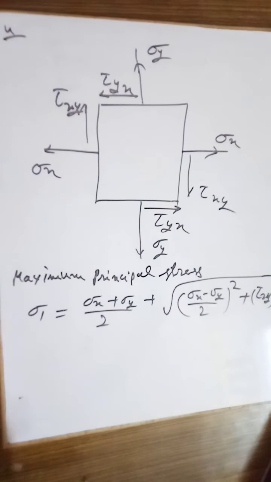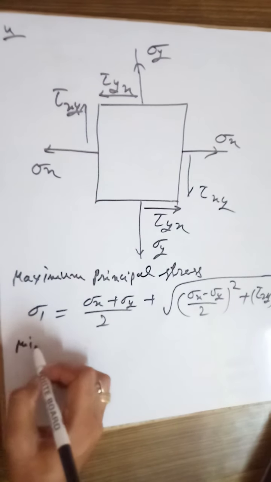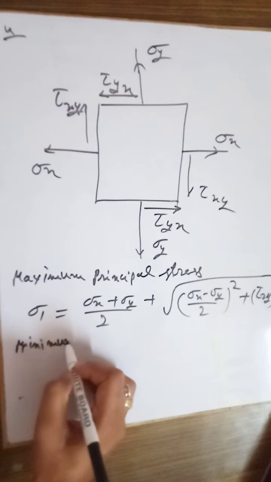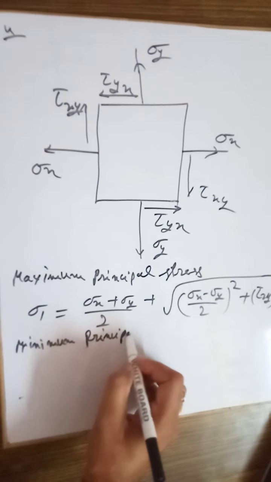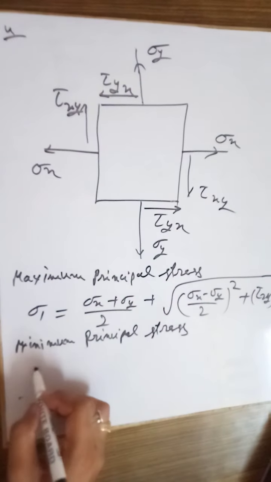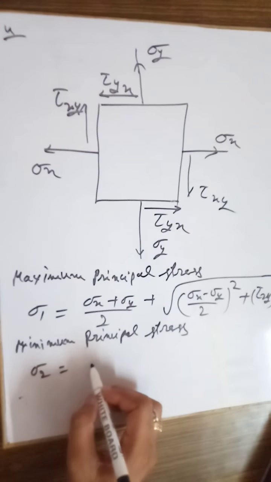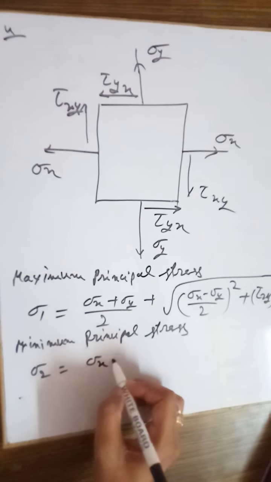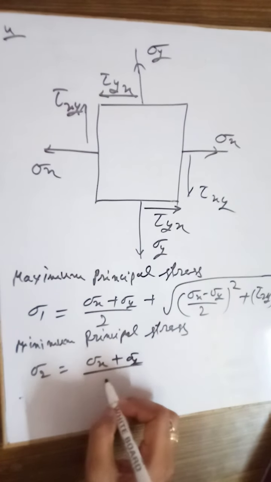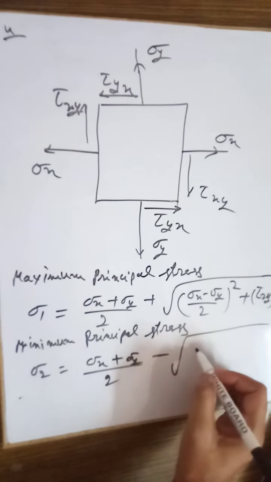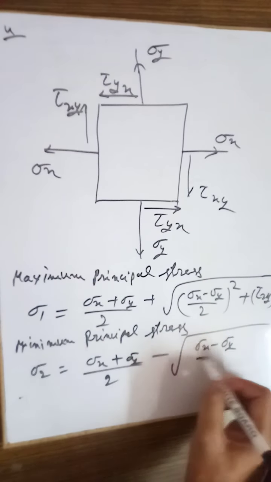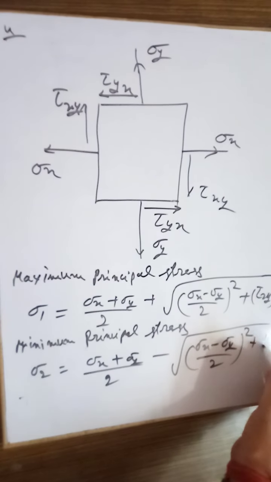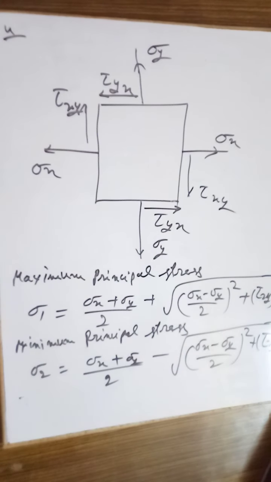So this is our maximum principal stress, and the minimum principal stress can be calculated by the same formula, sigma x plus sigma y by 2 minus the square root term. So by using this formula we can find out the maximum or the minimum principal stresses.